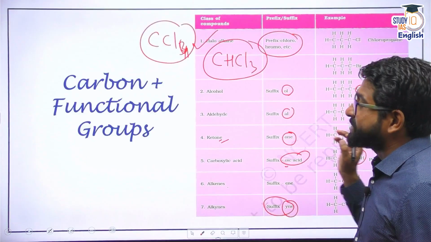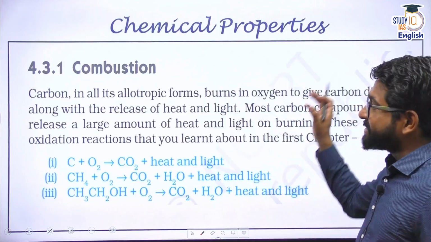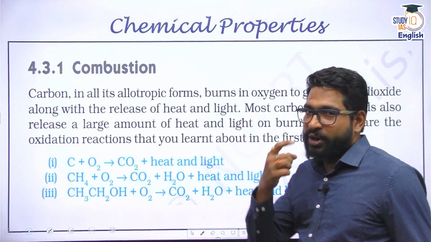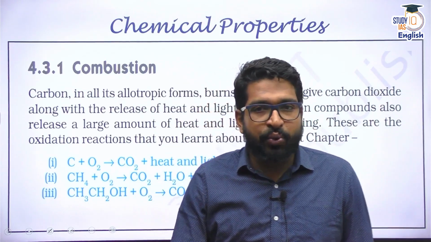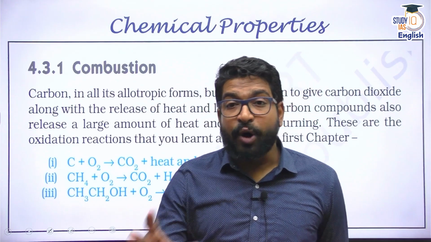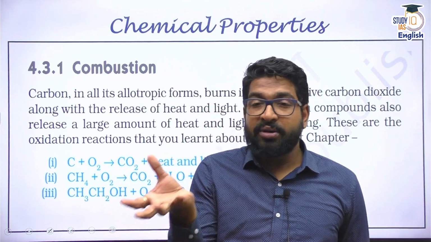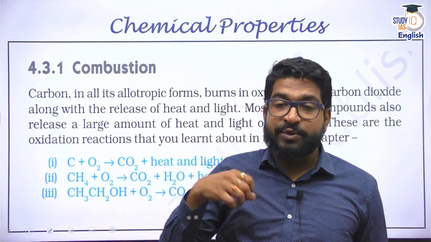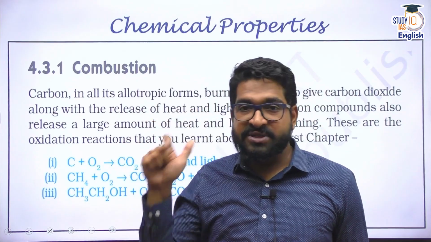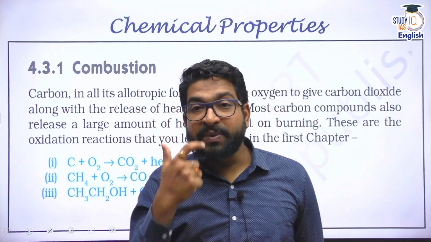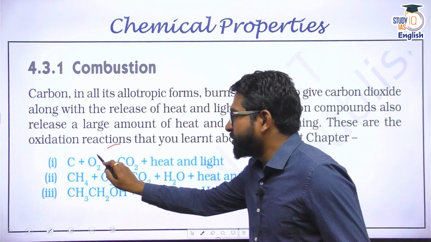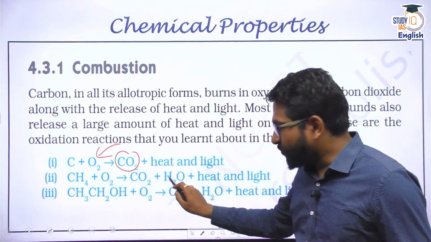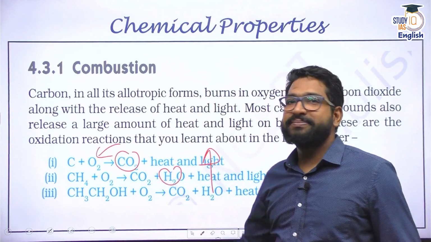Now, the next thing that we are going to discuss is the chemical properties of these hydrocarbons. The first property is combustion. As I told you, hydrocarbons form the majority of fossil fuels. The gas that you extract has hydrocarbons. In petroleum, you have hydrocarbons. That means they burn. So how do they burn? They mix with oxygen to give you carbon dioxide, water, heat and light.